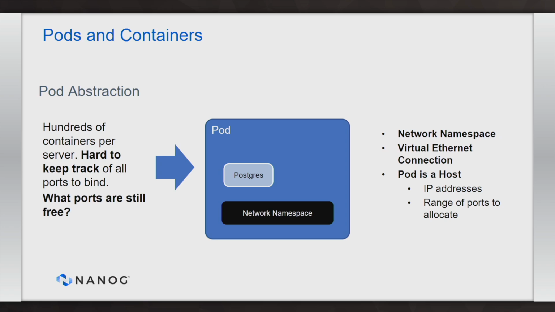The pod in the concept of Kubernetes is actually assigning a network namespace to a container. Then the network namespace is going to have interfaces, like you can create an interface in every pod as a virtual wire.